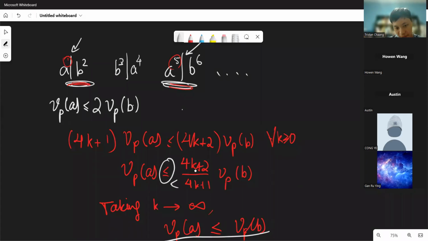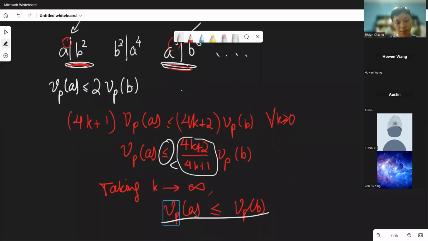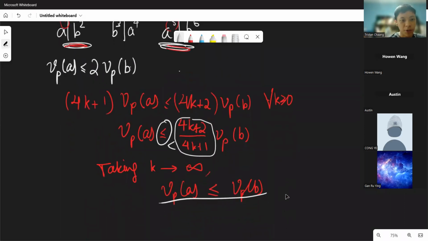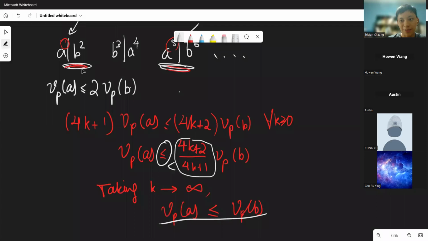But basically, if k goes to infinity, then this thing goes to 1. And when you talk about limit points, you have to include the boundary points as well. So even if this is strictly less than VPB, if you take k to infinity, VPA is still less than or equal to VPB.